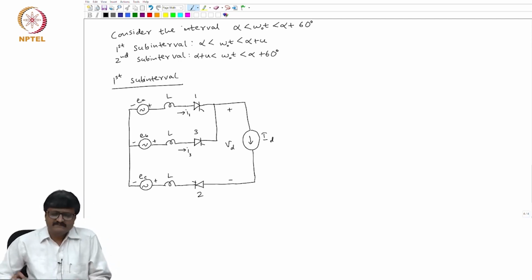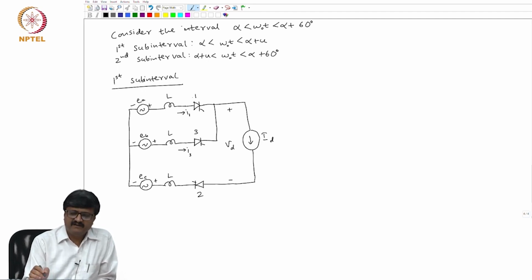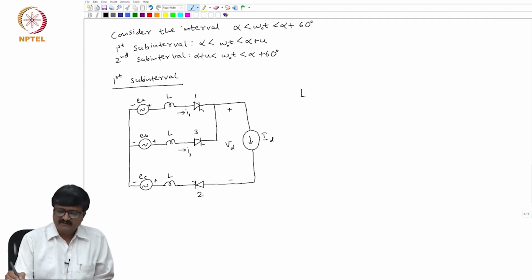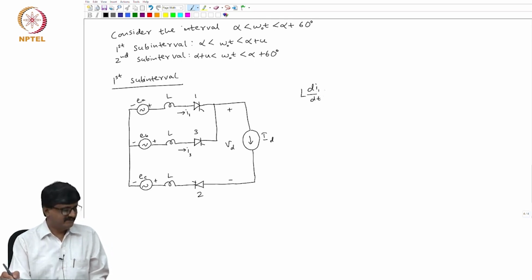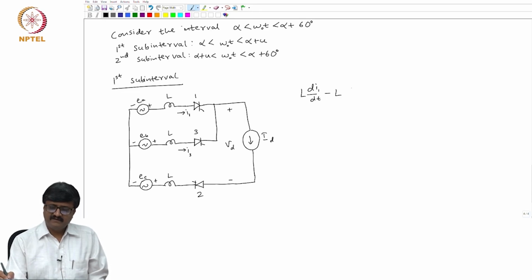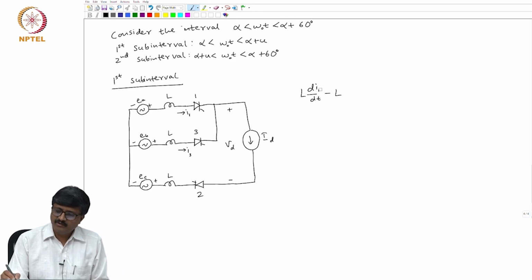Now, for analyzing this, I will apply Kirchhoff's voltage law to this loop consisting of voltage source EA, voltage source EB, the two inductances L, valve 1 and valve 3. Just apply Kirchhoff's voltage law, nothing more. So, if I do that, I will go in a different direction.